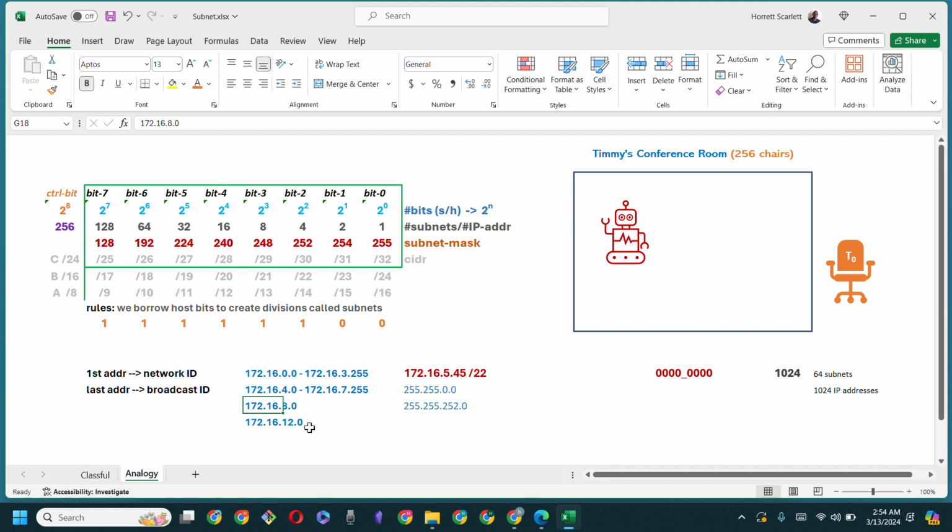And the one for this is now going to be 172.16.11.255. Alright, so we know, by looking at the IP address that we were given, that this IP address should fall within this particular range.